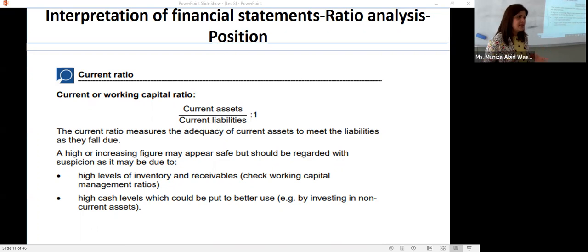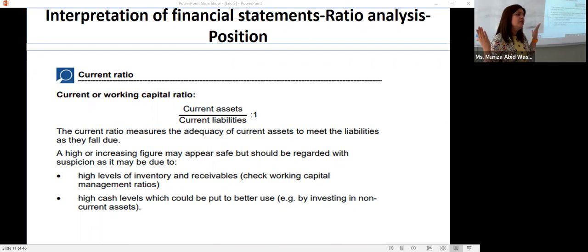So we have set a particular standard that a current ratio of 1.2 is a favorable one. If it's lesser than that, it means that the organization will face difficulties in paying off its liabilities. If it's more than that, it means that the company has slow moving inventory or irrecoverable receivables as well.